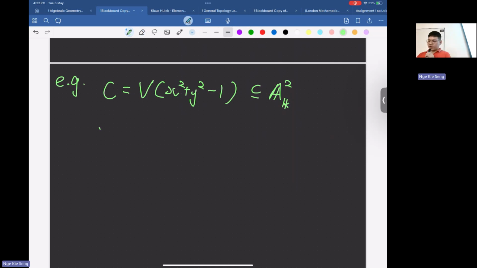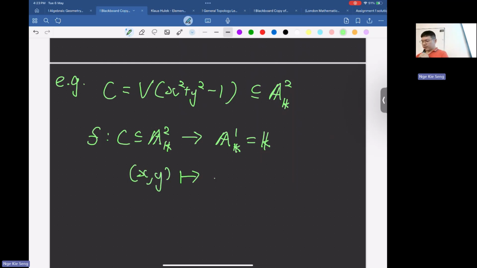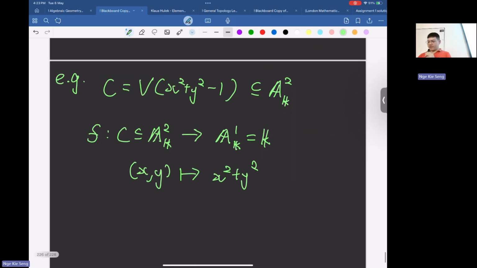Let's define a function to A1, which is just K itself. Let's send (x, y) to x squared plus y squared. Why not? What does x squared plus y squared do? You just compute the length of your point. Well, you can consider another function, G.